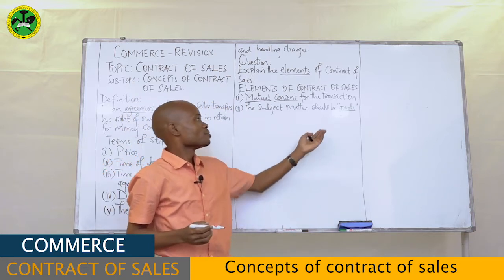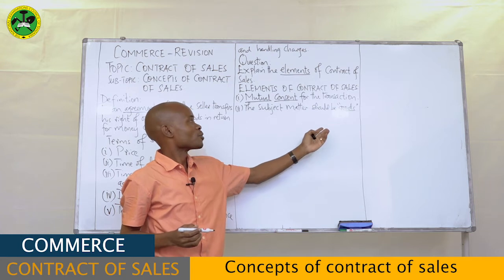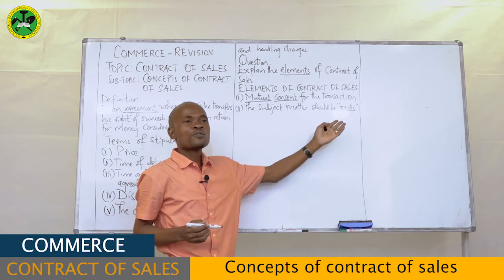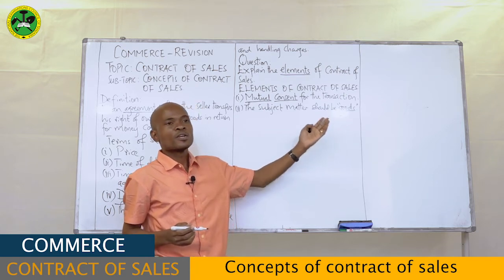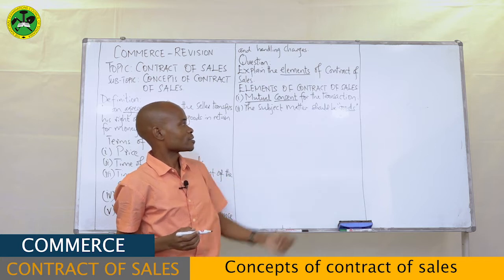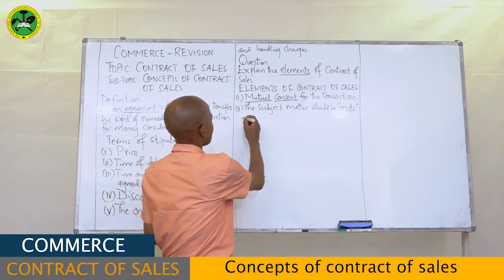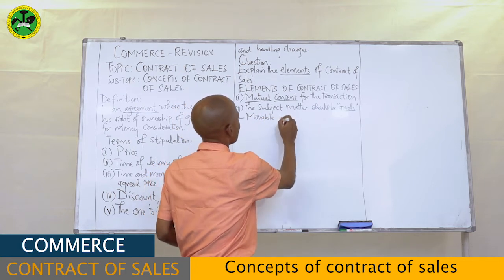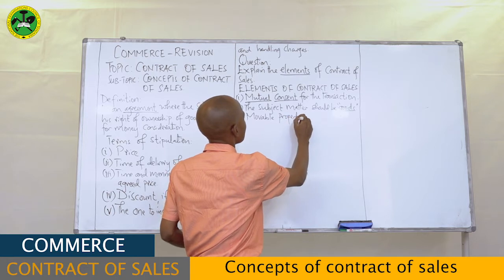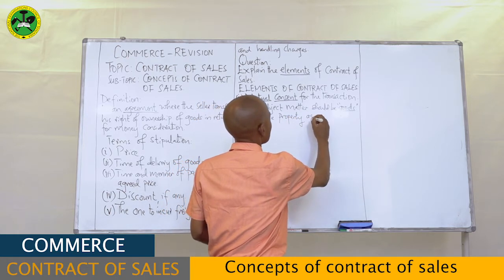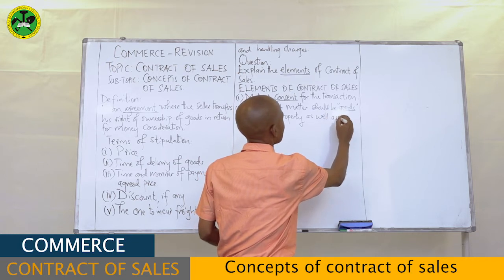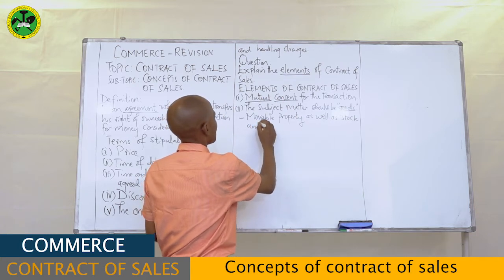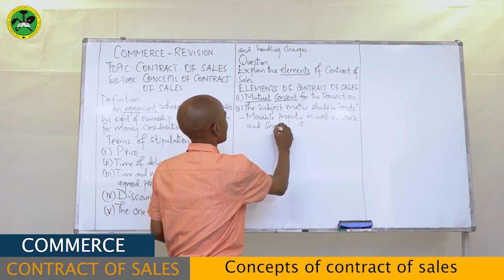What it means when we explain about goods is that we refer to movable property as well as stock and shares.